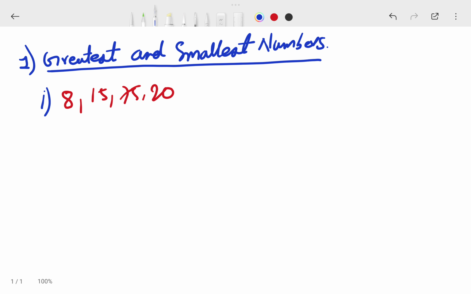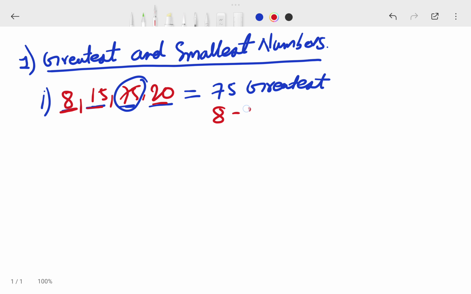In this one, 75 is greater, so you will write 75 is the greatest number. Now I'm asking you which is smaller: 8, 15, 20. It means that 8 is the smallest number in this one, right? Is it clear or not? This is very clear.